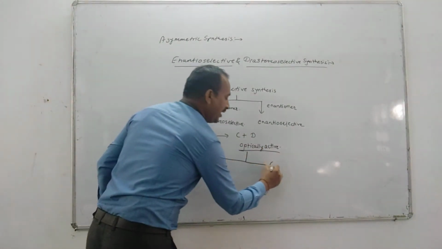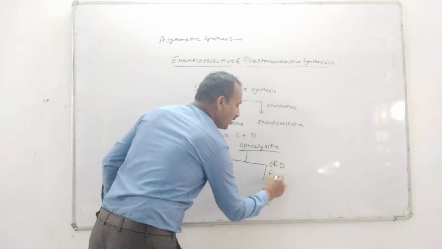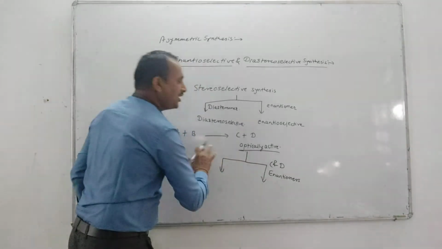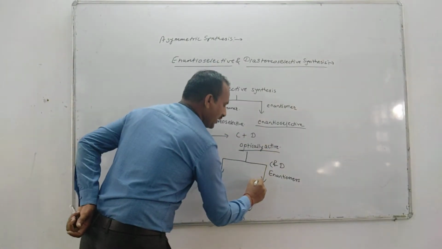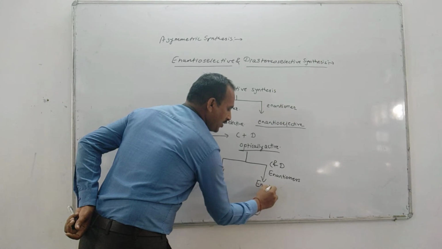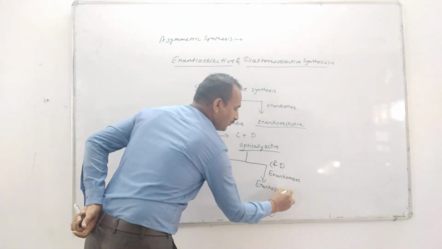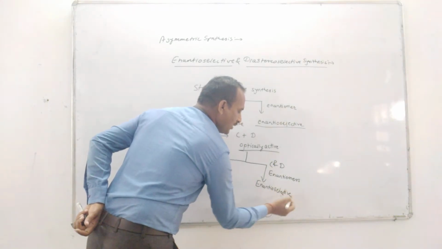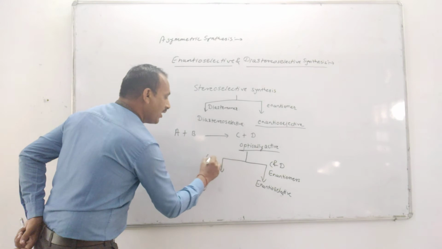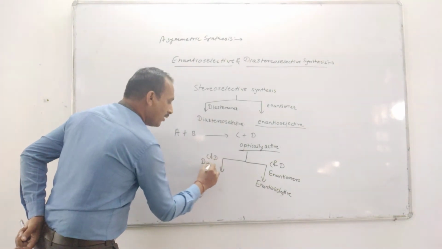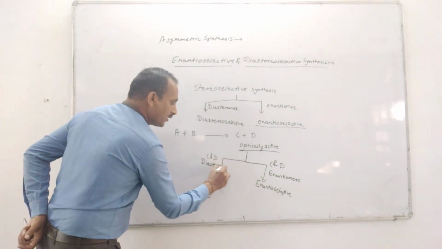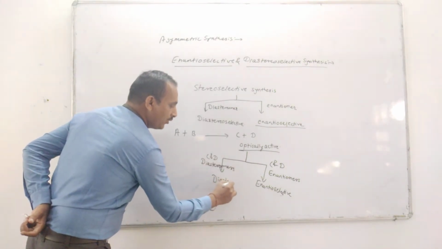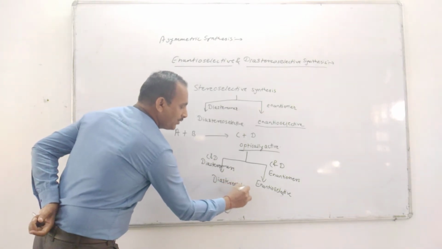If C and D are enantiomers, then the reaction is called enantioselective synthesis, and if C and D are diastereomers, then it is diastereoselective synthesis.